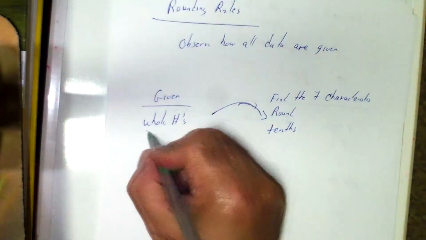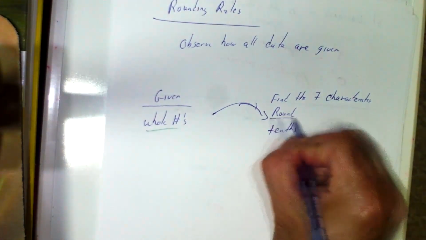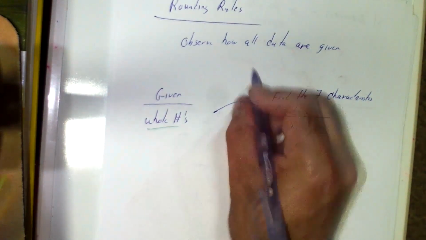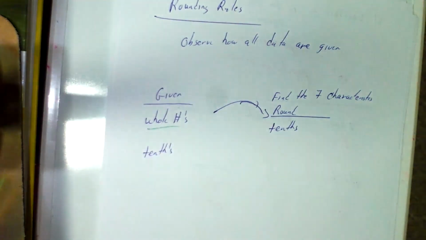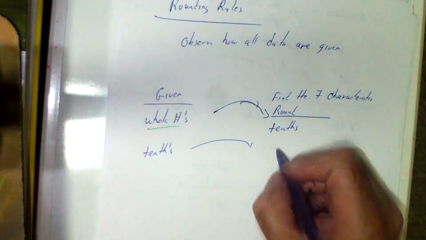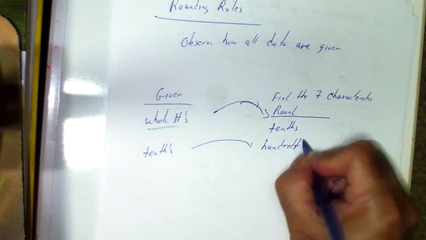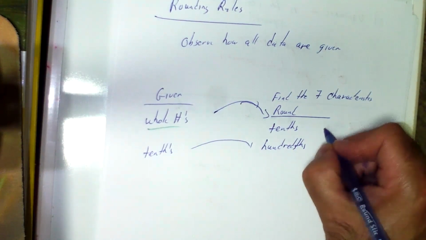Whole numbers, you round to the tenths. If your numbers are all given in tenths, then you're going to round all 7 to the hundredths. So this is one decimal place behind.